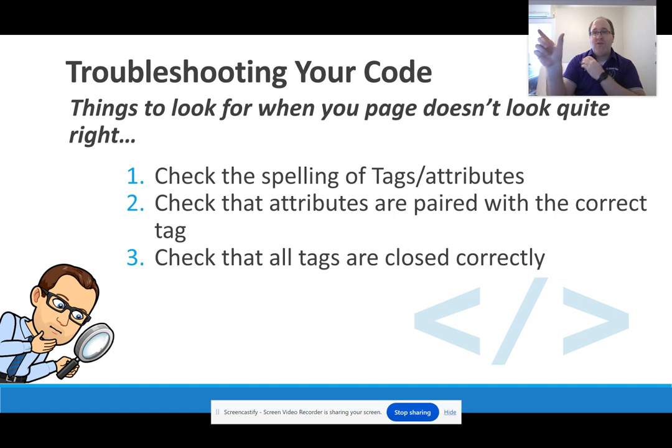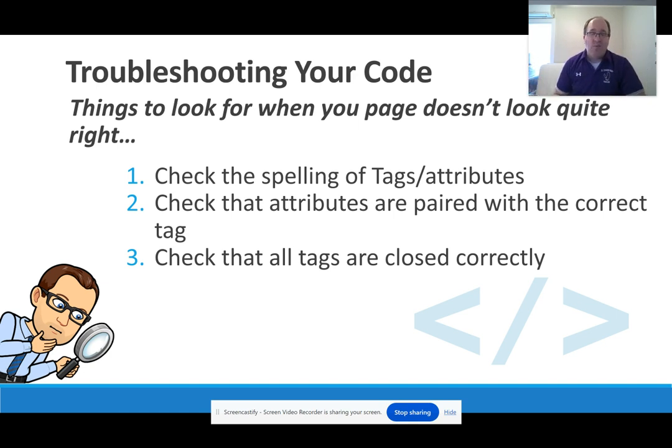I only wanted to format this word, but now the whole paragraph got formatted. Well, where did you close the tag? Is the close emphasis tag, the EM tag, on the other side of that text where you wanted the italics to stop? Or is there no closing tag and now it just kept going? The italics got applied everywhere until it found another close tag.